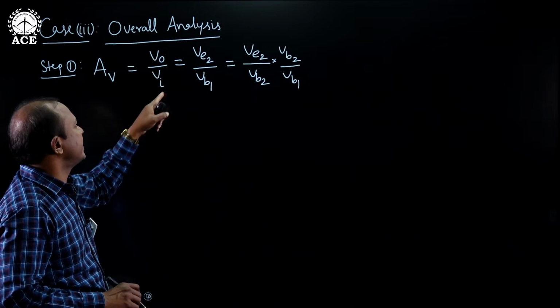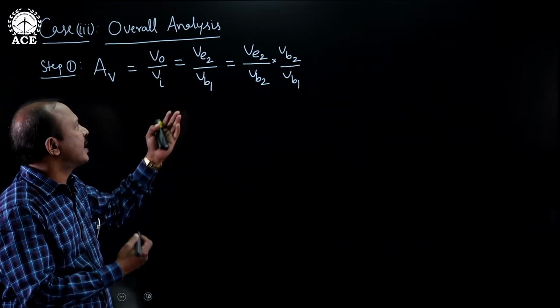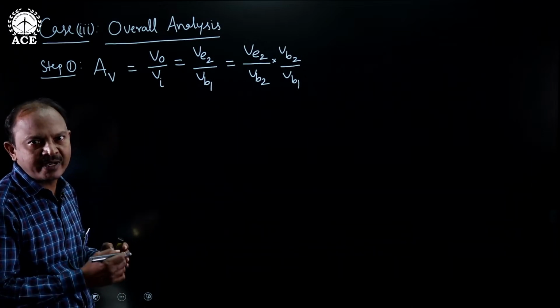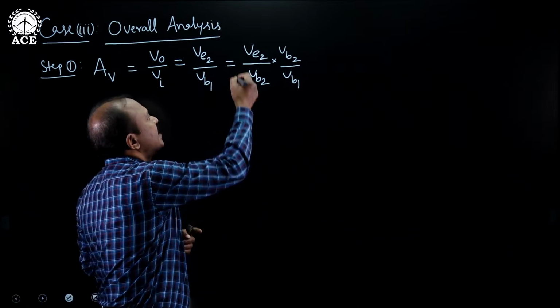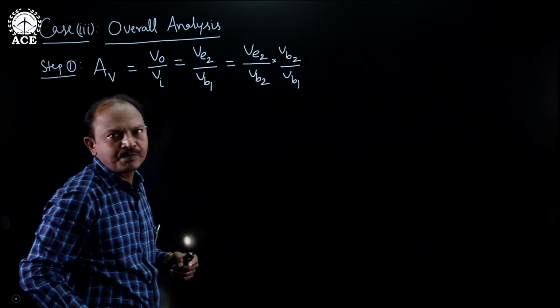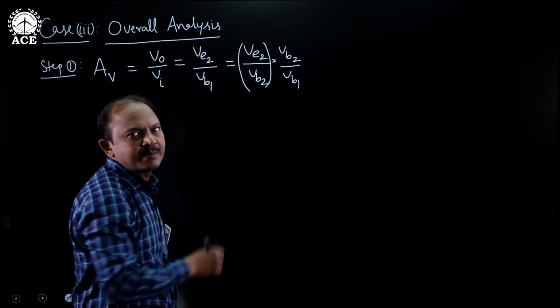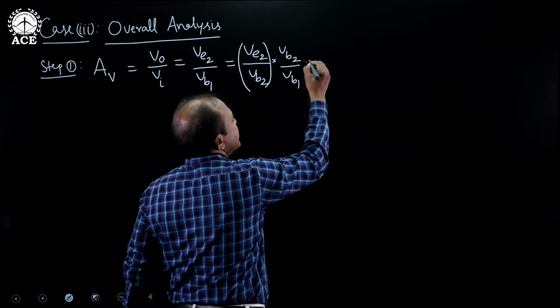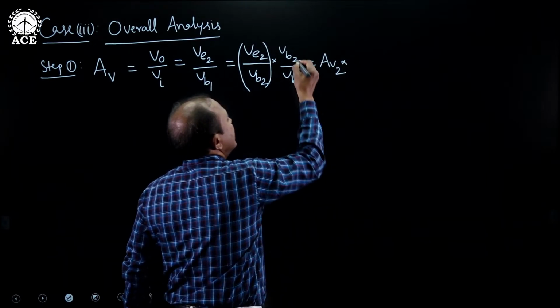That's why V0 by Vi, I have replaced that with VE2 by VB1. But we don't have any formula for VB2 by VB1. That's why for further requirements, I will divide and multiply this equation with VB2. Then we know VE2 by VB2 is nothing but AV2. We already estimated this. This is AV2 into VB2.